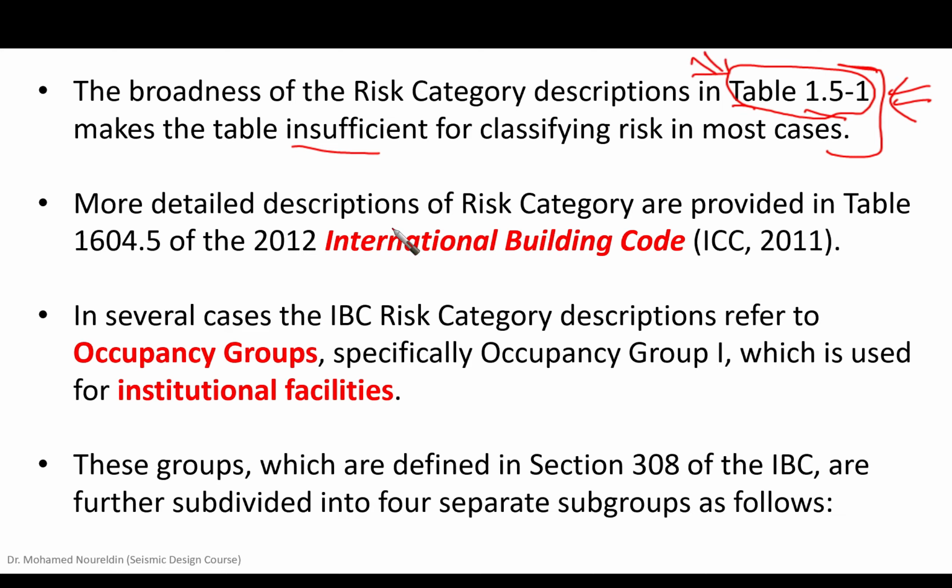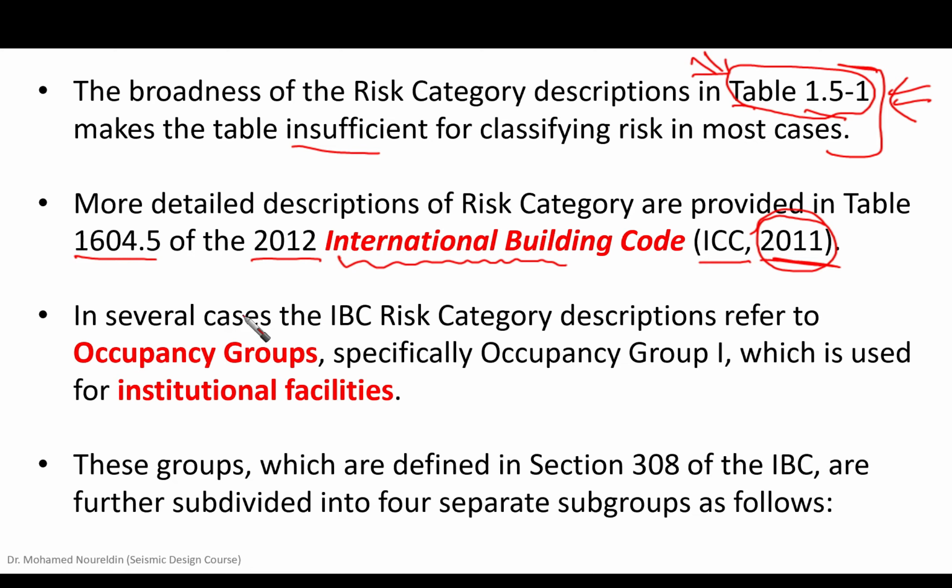More detailed descriptions of risk category are provided in table 1604.5 of the 2012 International Building Code, ICC 2011. I think that we now have a more recent IBC. We are in 2020 now, so the most recent International Building Code is going to give us a more detailed description regarding risk category.